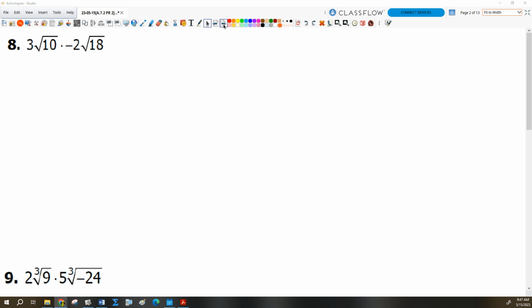We got a product of two numbers, 3 times the square root of 10 times -2 times the square root of 18. Well, we always talked about this in terms of inside numbers and outside numbers. So what's our answer going to be here?